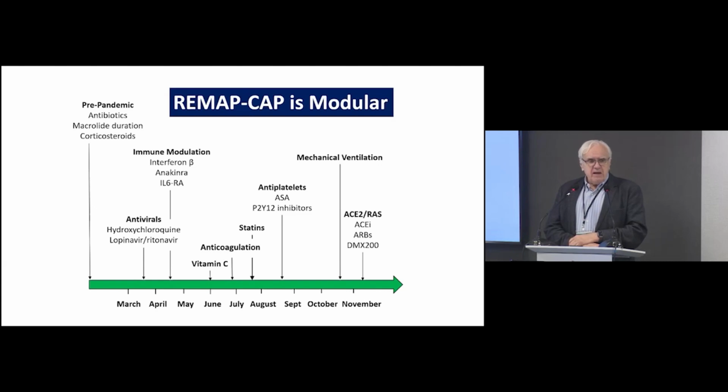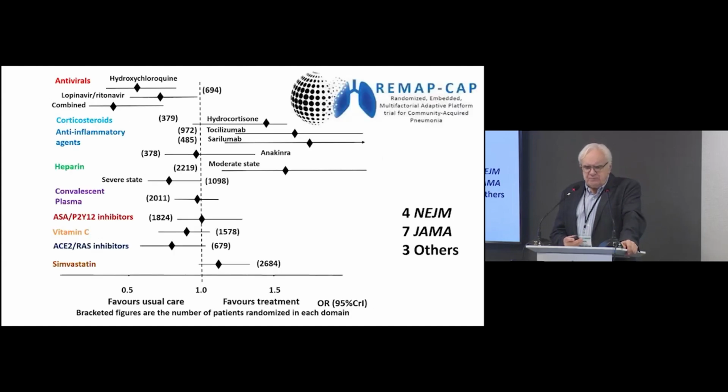The SARS-CoV-2 binds to the ACE receptor on epithelial cells, so we thought, well, maybe if you block that binding, we can prevent that. So we brought in the ACE2-RAS domain. So you can see the trial is adapting and is modular. It's adapting as we learn about the disease. We can bring on new interventions that speak to that evolving body of knowledge.